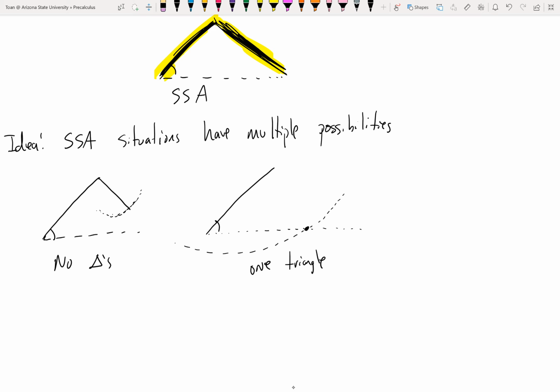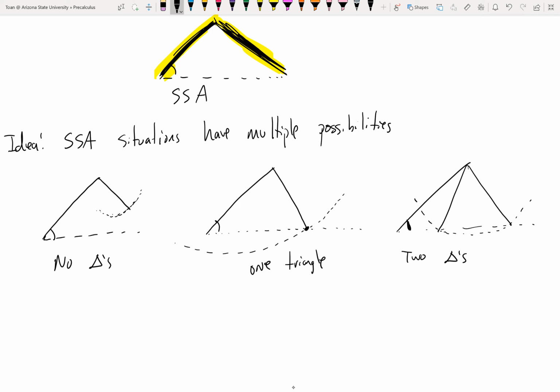Or it could be such that you have two possible triangles. So as you can see, depending on what the opposite side length is, we have one out of three possibilities. And if the third possibility is having two triangles, we have two sets of final answers.